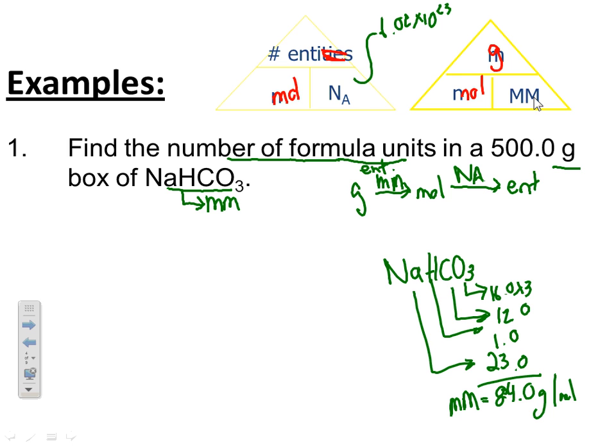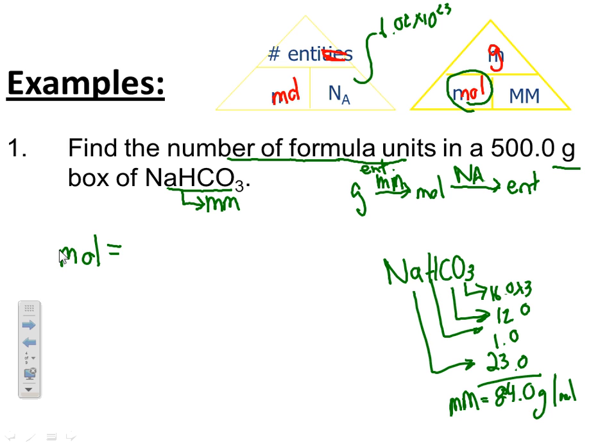We've got our molar mass, which means we're ready to turn it from grams to moles with the molar mass. Let's do that calculation. I have grams and I have the molar mass, and I want to find moles.